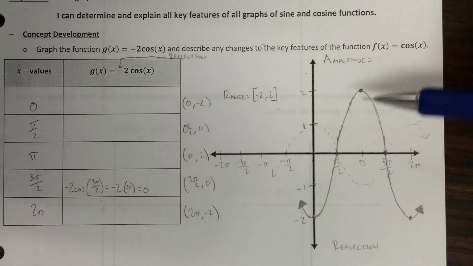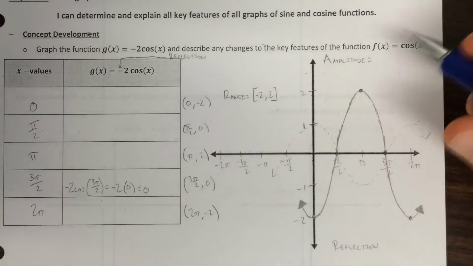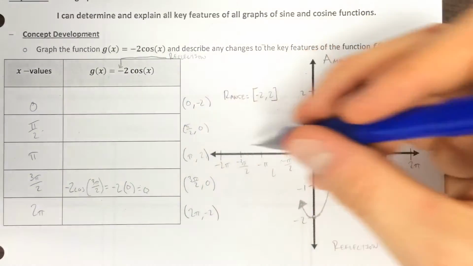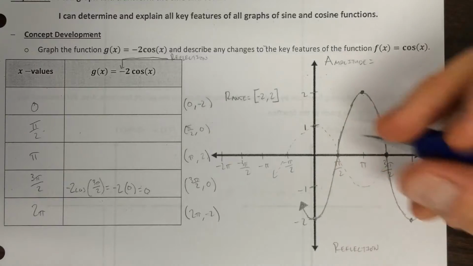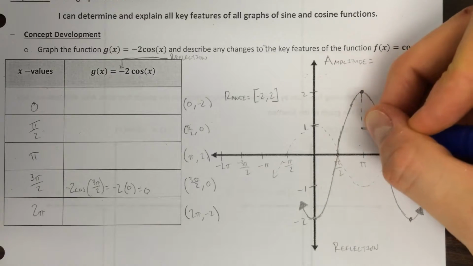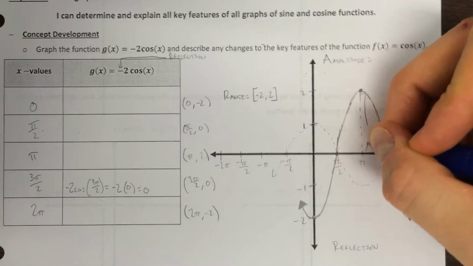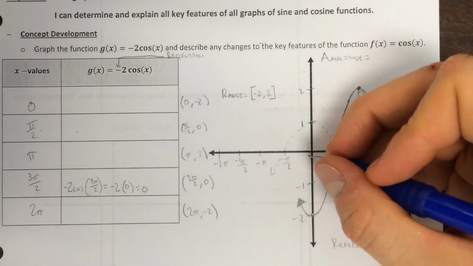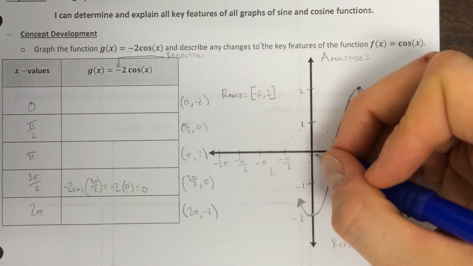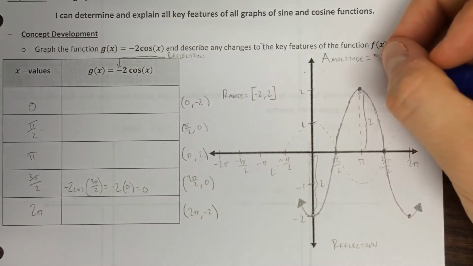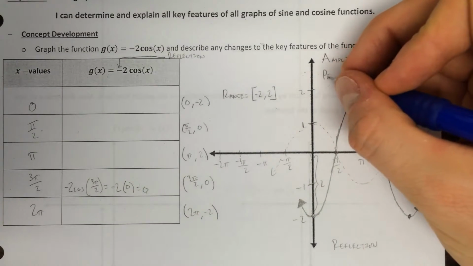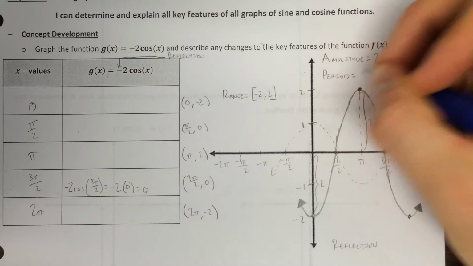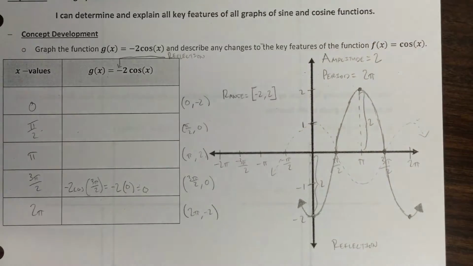If we measure the distance from the middle of our function, which right now is 0, to the top or the bottom of our function, this height is 2. This height here is also 2. So our amplitude became 2. And our period didn't change.